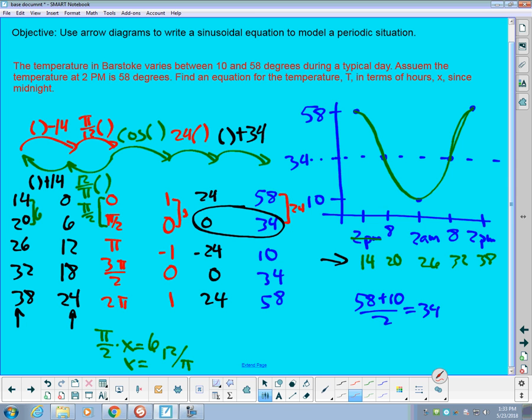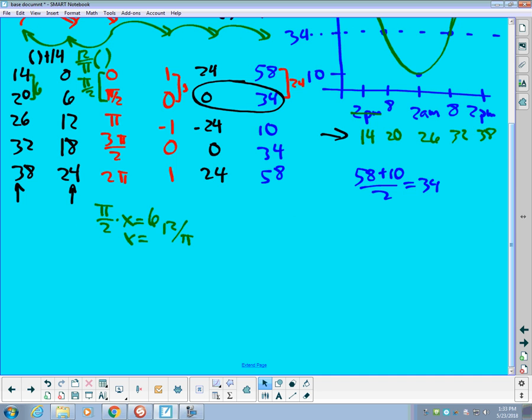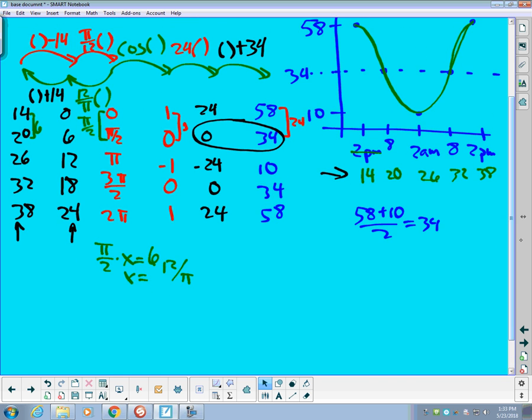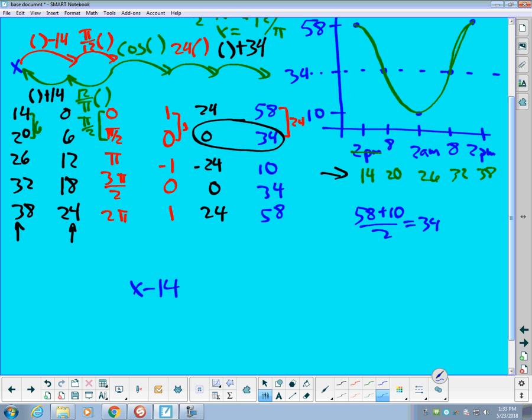And I should now be able to create my equation by just reading right off of there. I start with the x, and we subtract 14.